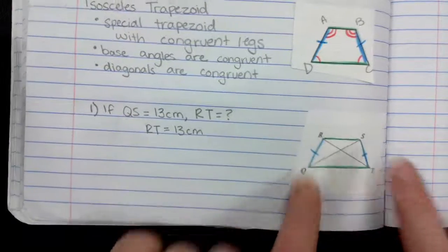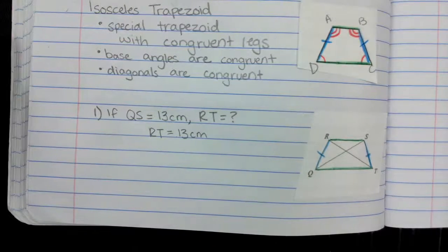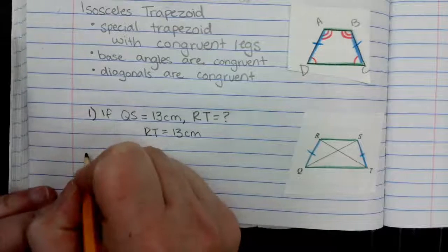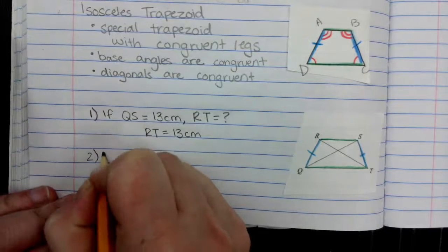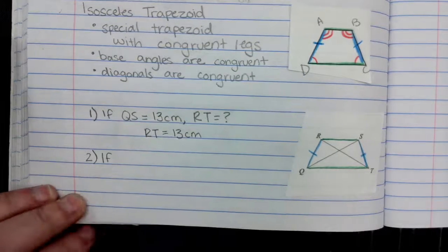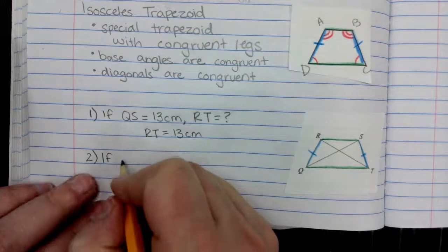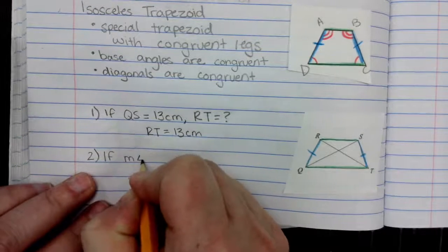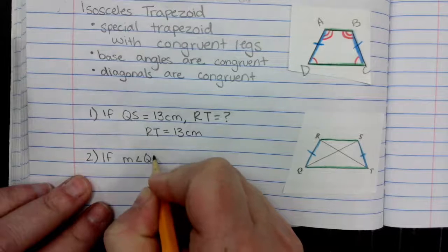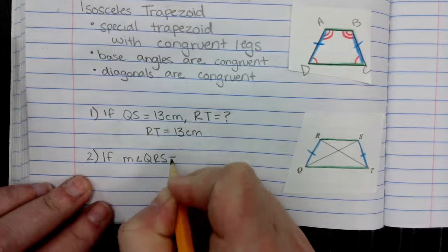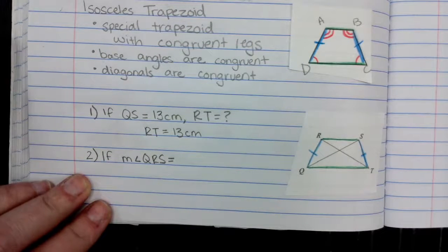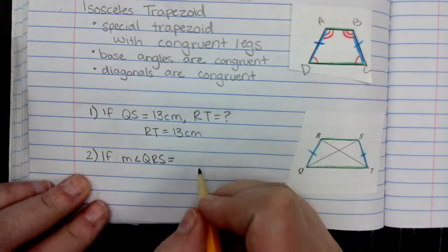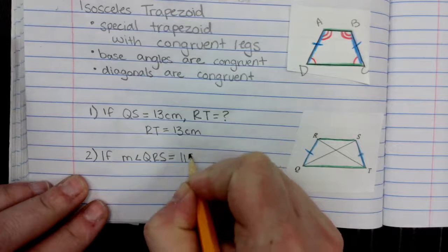Alright, number 2. If the measure of angle QRS is 115 degrees, I want to know what is the measure of angle RQT.